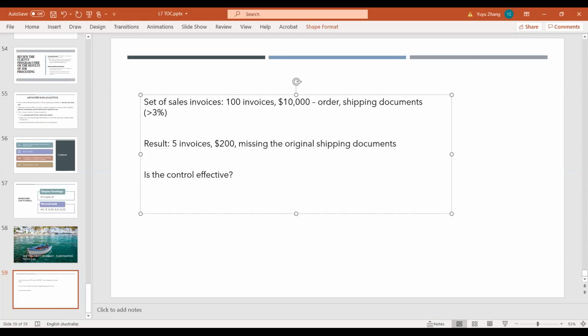It's tricky, but I guess we'd look at the dollar amount, and it's less than 3%. So we could say that the controls are effective. So what do we mean by control?